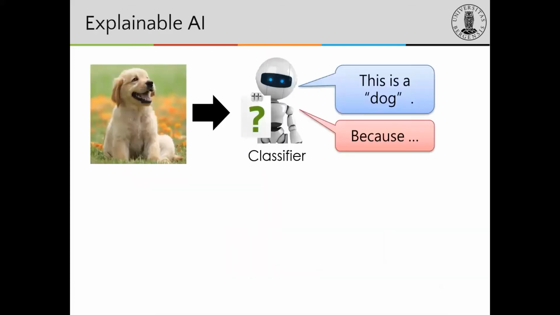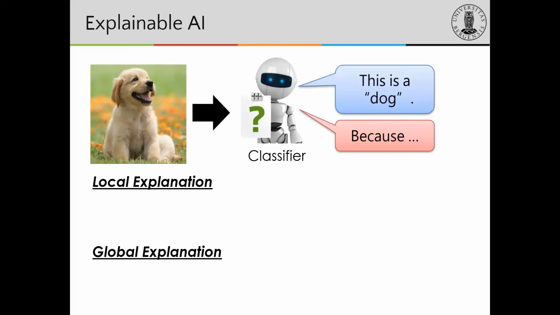Then let's see a simple example of image classification for a dog. The classifier told us this is a dog, but we want to know why this is a dog, right? So in general, the explanation in AI can be categorized as local explanation and global explanation.